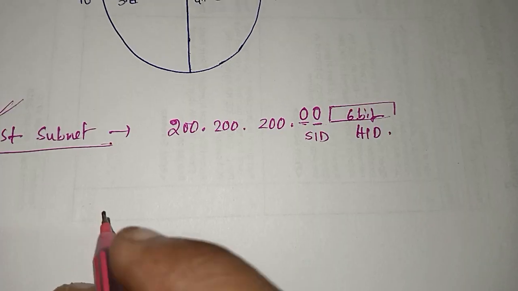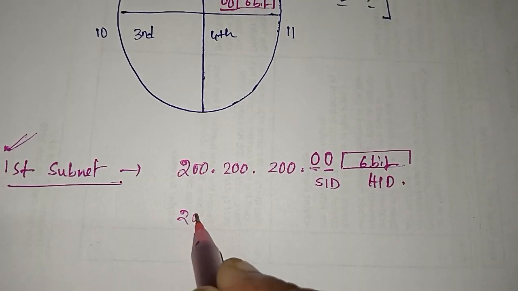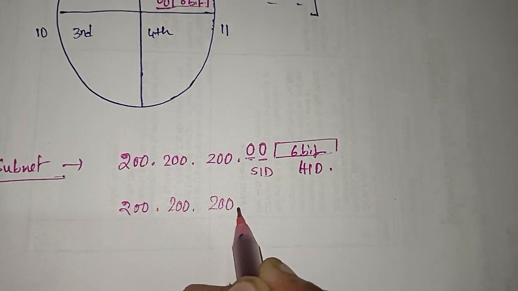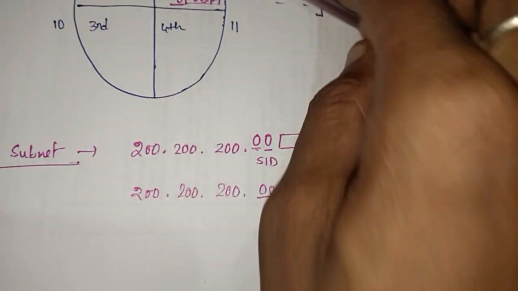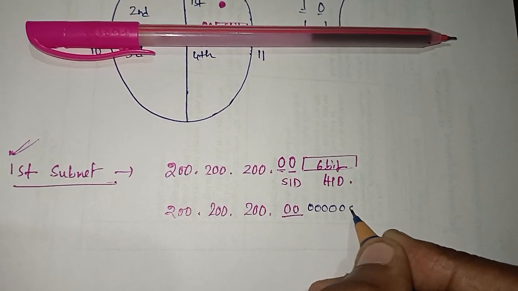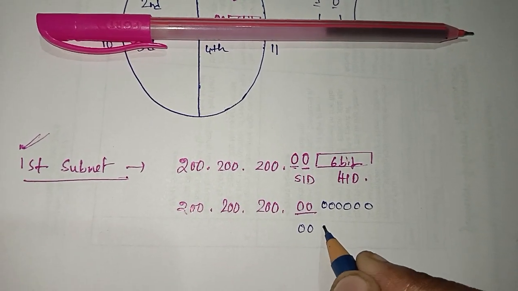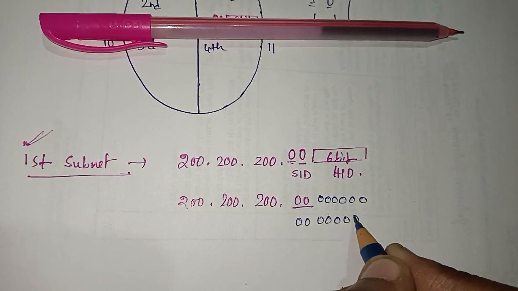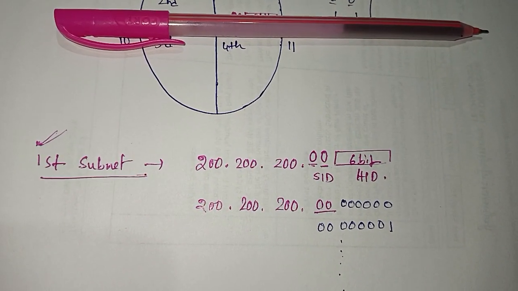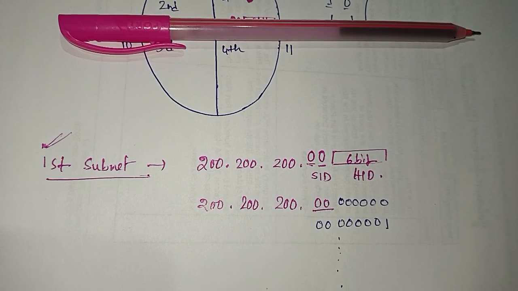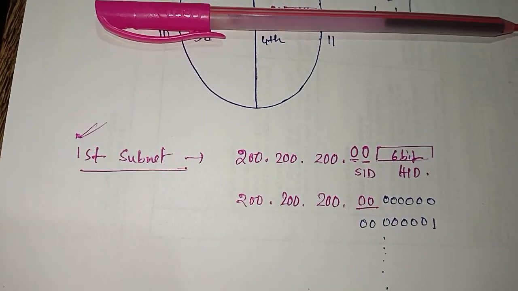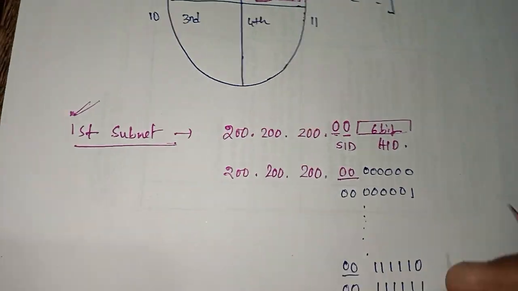So the first address of this subnet is 200.200.200.0 for the subnet ID, where all 6 host bits are 0. Similarly, the last address has all 6 host bits as 1.